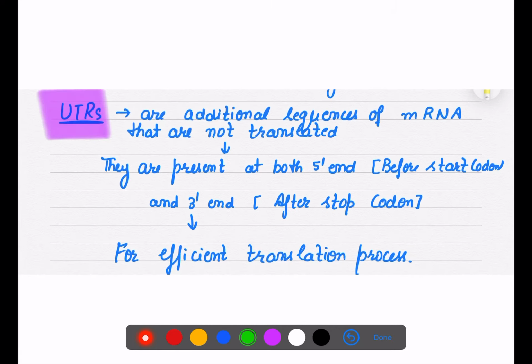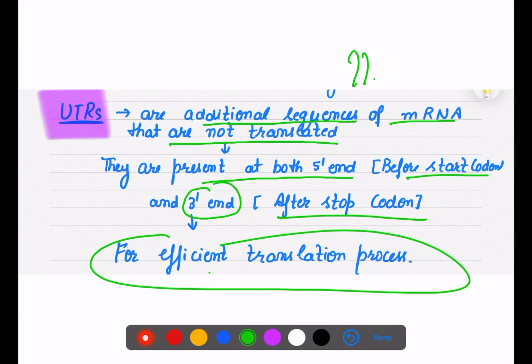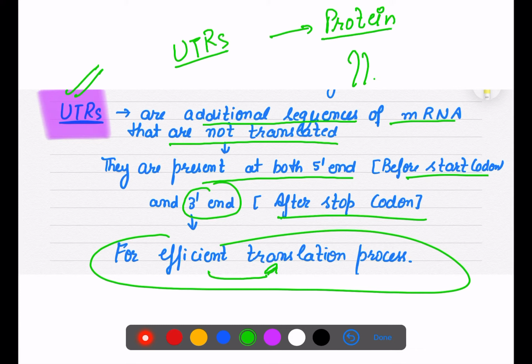So for maintaining the efficiency of the translation process, UTRs are present. They do not translate into any kind of protein. They do not participate in the translation process, right?